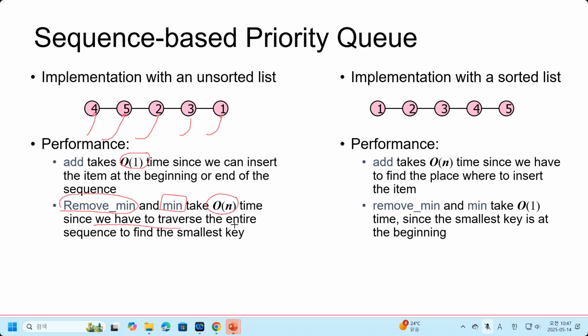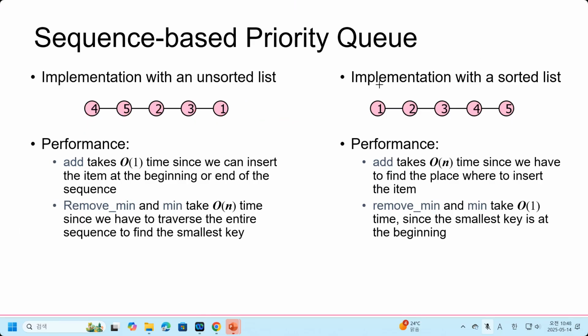Because we need to traverse the entire sequence to find the smallest key. We check, is it the smallest? No. Is it the smallest? No. Is it the smallest? No. Is it the smallest? Yes. So the big O will be O(n) in the worst case.